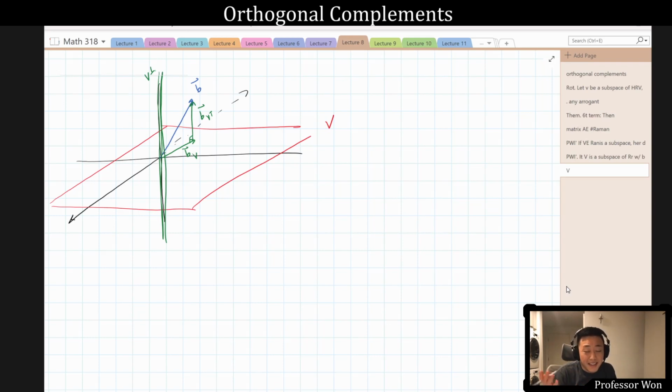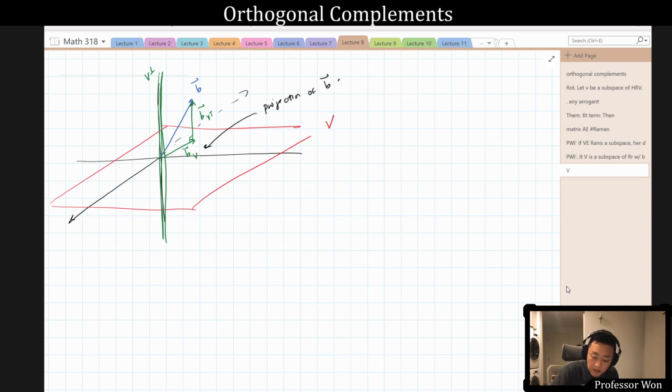So you can see how this is going to be sort of geometrically useful. Well, maybe you can't see it yet, but you can at least hopefully see why you should believe the previous theorem. How do you write a vector as something in V plus something in V perp? That's really the subject of our next lecture, which is going to be on projections. So this vector BV is going to be the projection of B onto V in actuality.